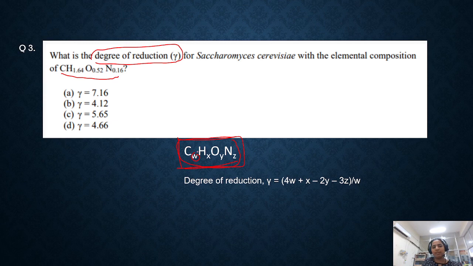So carbon, hydrogen, oxygen, nitrogen, these four mainly are used for the composition of that component. So degree of reduction is mainly represented by gamma, and it is found as this 4 into W. Why we have taken this 4? This 4 is mainly representing that carbon. For carbon we have taken +4.